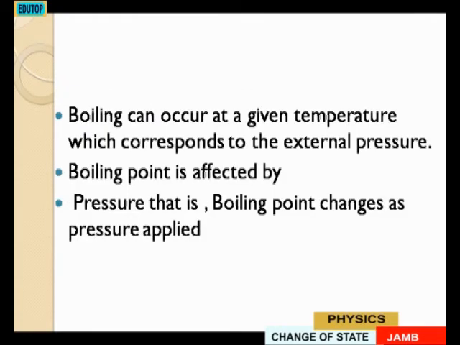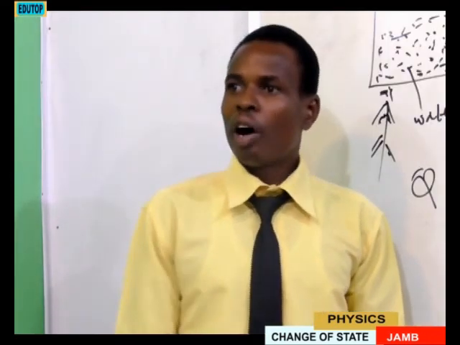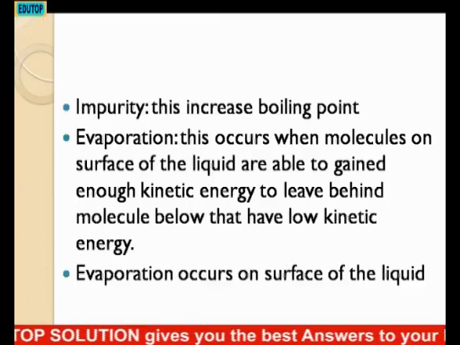Boiling can occur at a given temperature which corresponds to the external pressure. Then boiling point is affected by, number one, pressure. Boiling point changes as pressure is applied. That's one. Then boiling point is also affected by impurity.